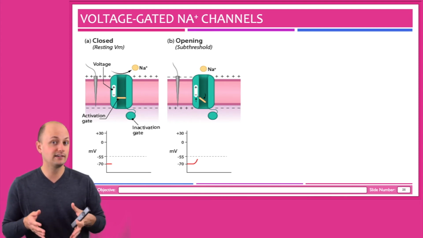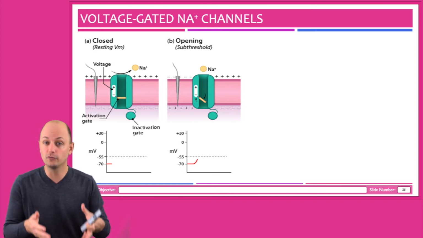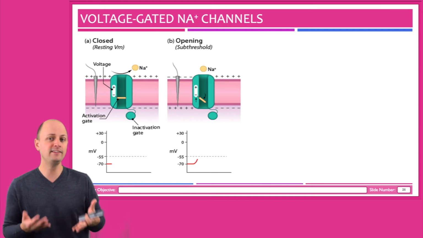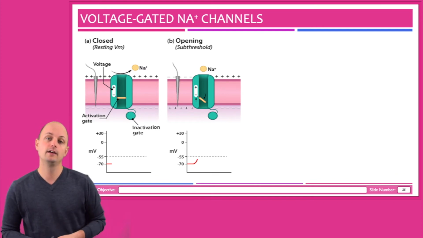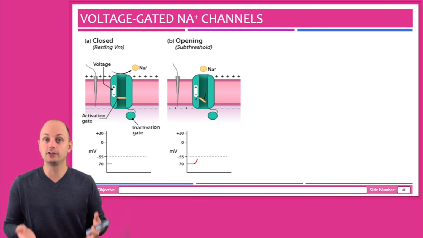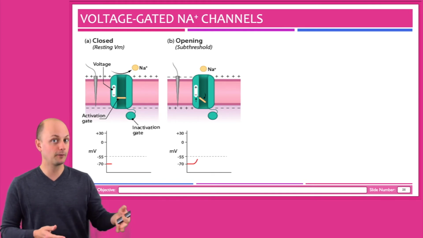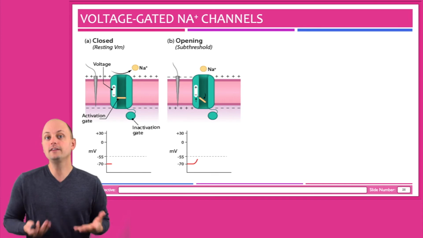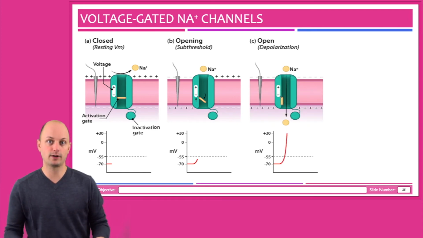If the depolarizing stimulus isn't strong enough to move membrane potential all the way to minus 55 from rest, then the action potential doesn't fire because the activation gate doesn't open and sodium permeability doesn't change until the channel's open. But in this example, it does reach threshold. And so now you can see that the activation gate is completely open.